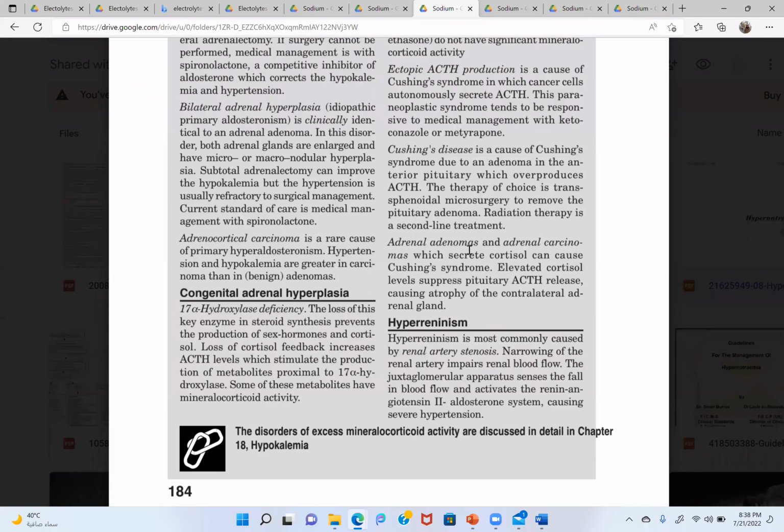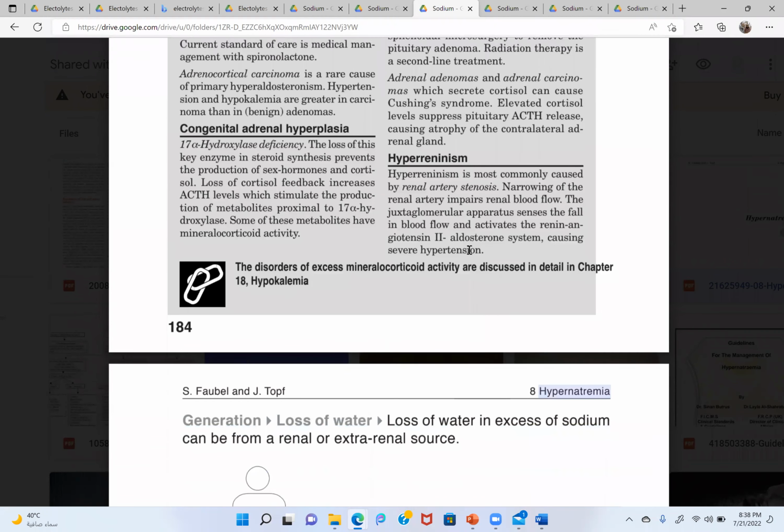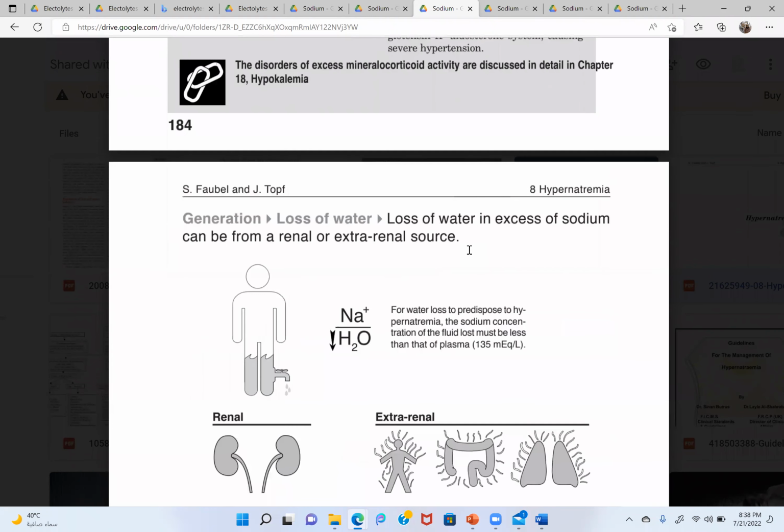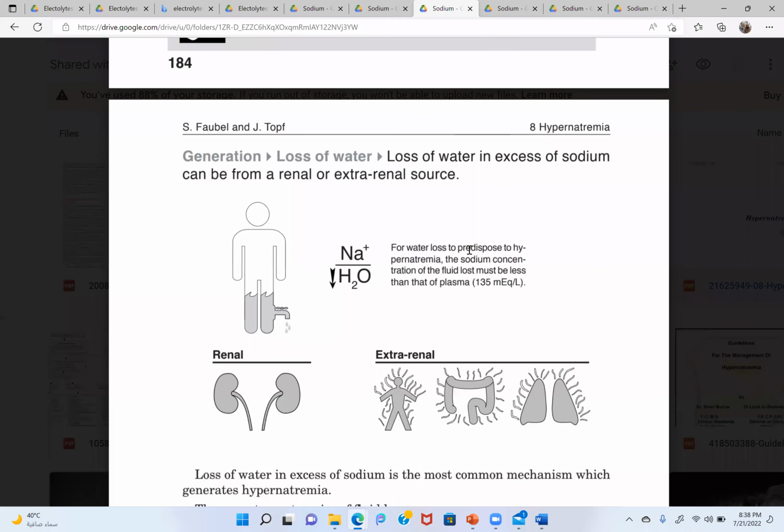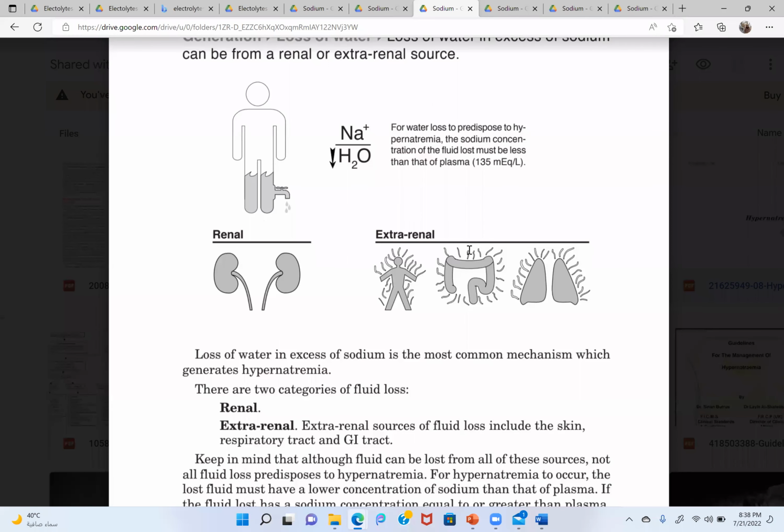In Cushing syndrome, elevated cortisol suppresses pituitary ACTH. So this will be a differentiating point: ACTH will be high in Cushing's disease and low in Cushing syndrome. Okay. So loss of water, they are telling, is extra renal through sweating, through intestines, through lungs, through kidneys.